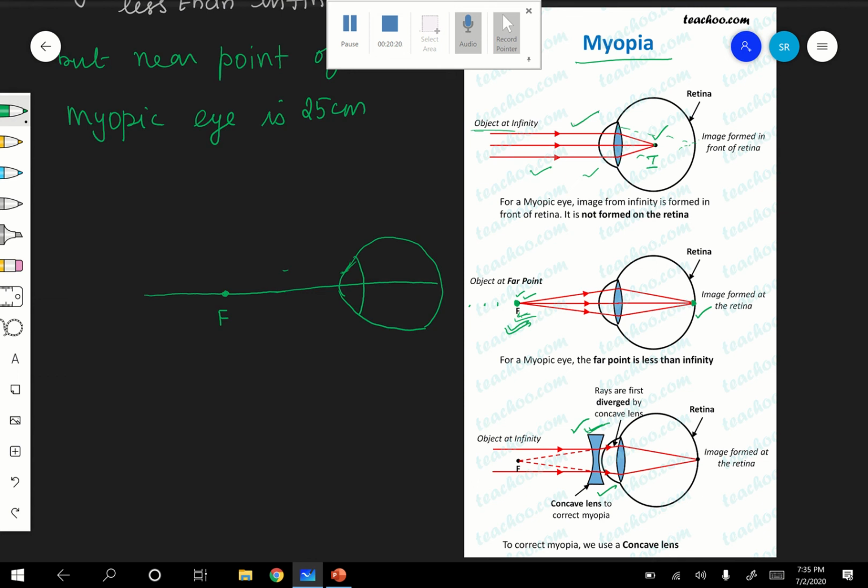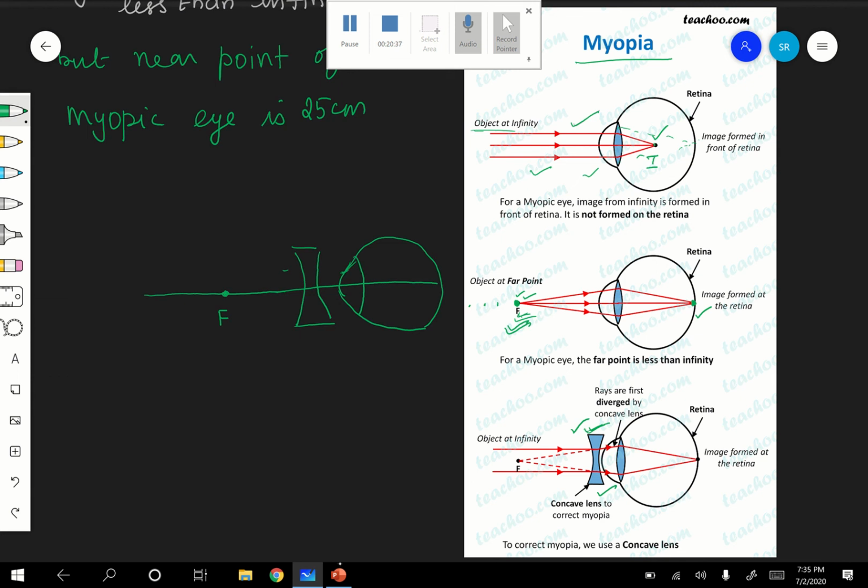But where is the object? The object is at infinity only. So you are giving a picture as if the object is not at infinity, but it is at F. Why? F is the far point of the myopic eye.